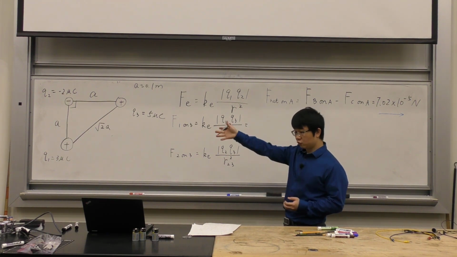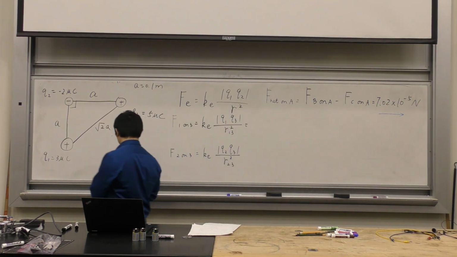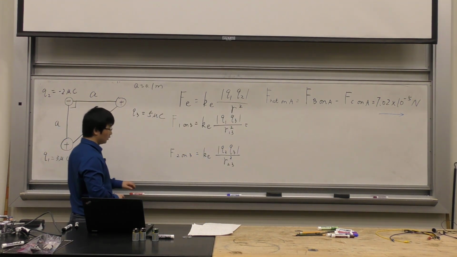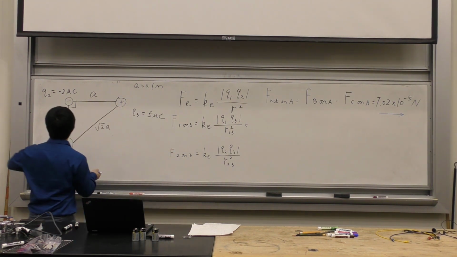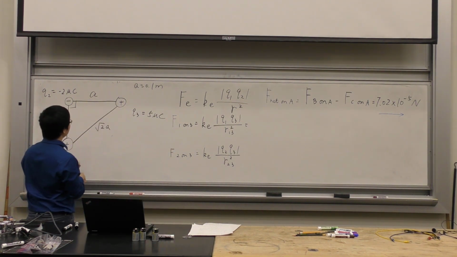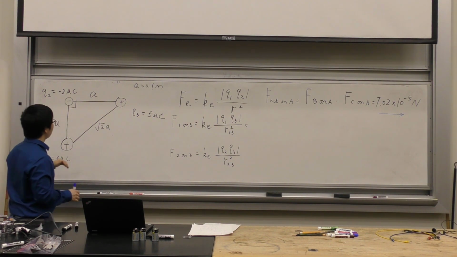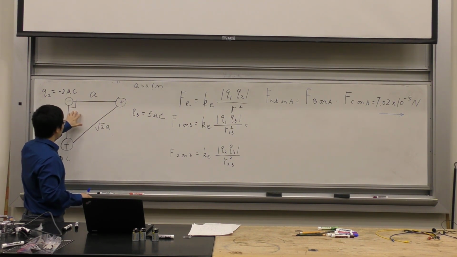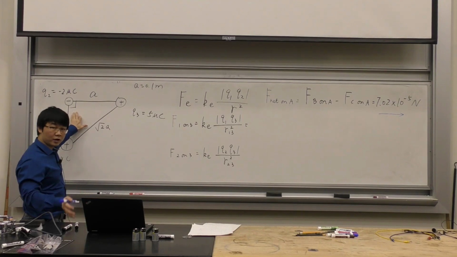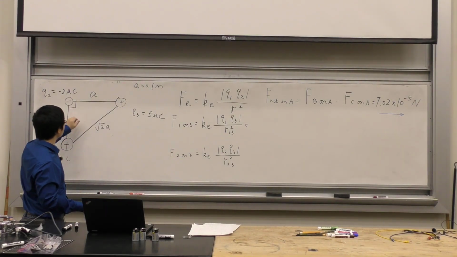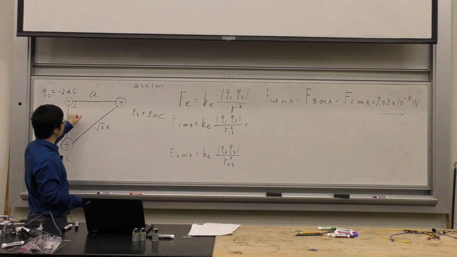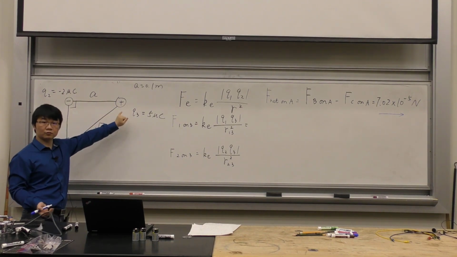Because let's draw these 2 arrows so we know the direction, right? So the force from 2 on 3, okay? They carry opposite charges, so the force between them should be attractive. I want to draw the force from 2 on 3, so I would draw an arrow on Q3.